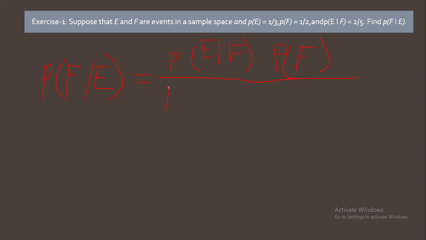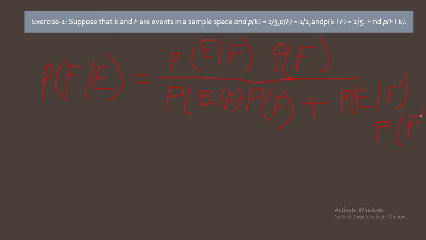It will be probability of E given that F into probability of F, plus E can happen for F, or also E can happen when the F did not happen, right? So probability of E given that F prime into probability of F prime, right?